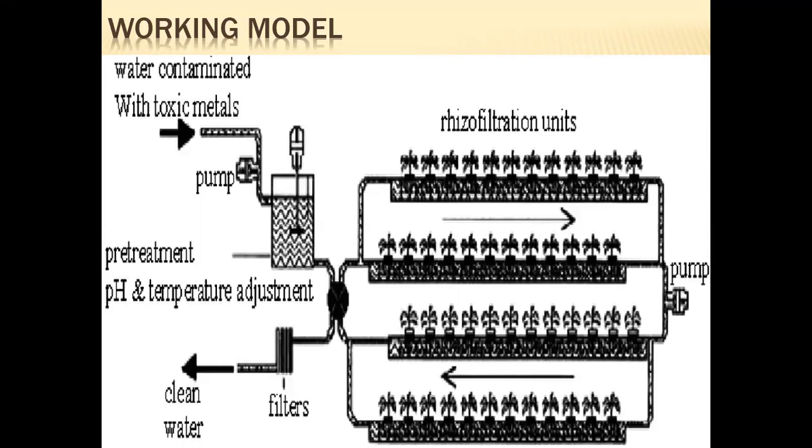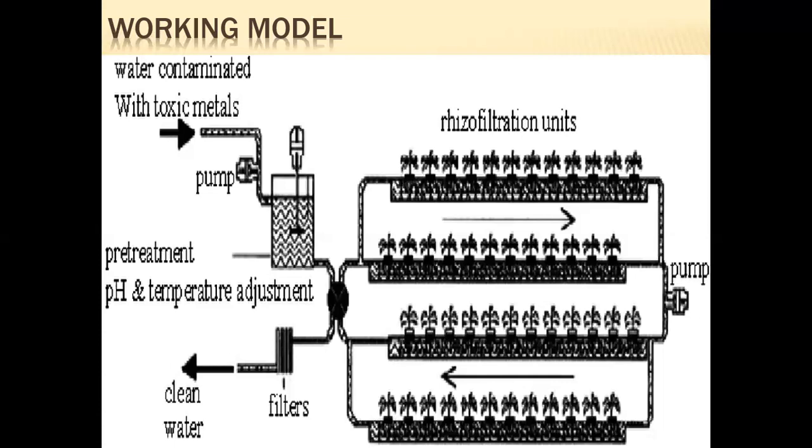There are four rhizofiltration units which are interlinked through pipelining, and these pipelines are used for the movement of contaminated water from one side to the other, and these arrows show the movement of the water from one pipe to the other, and from one filtration unit to the other. And there are pumps present to pump the contaminated water from one side of the pipe to the other side and from one unit to the other unit.